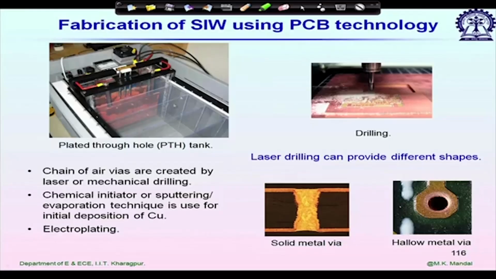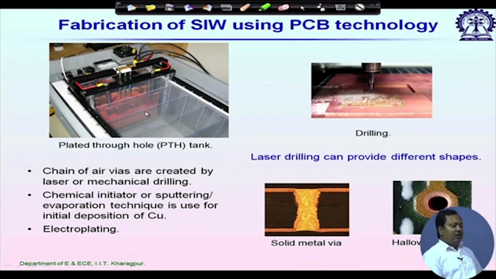So this figure is showing how we fabricate a plated through hole, or PTH tank. Once we have the drilled vias, we use the initiator on it, and there is one more technique.